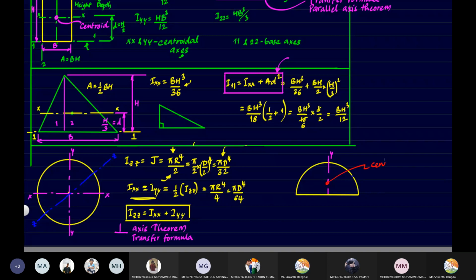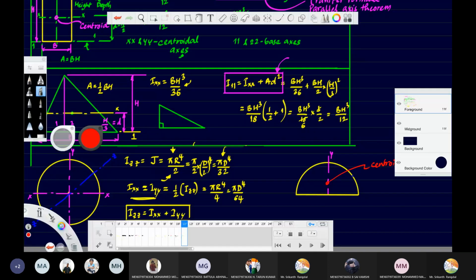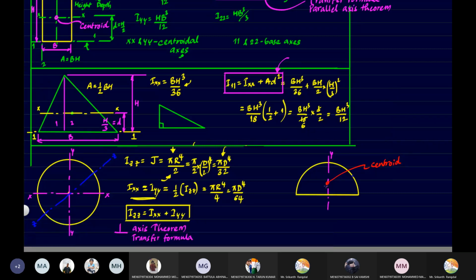This is the centroid. The x-axis, however, will be here, and this axis here is the IXX axis.